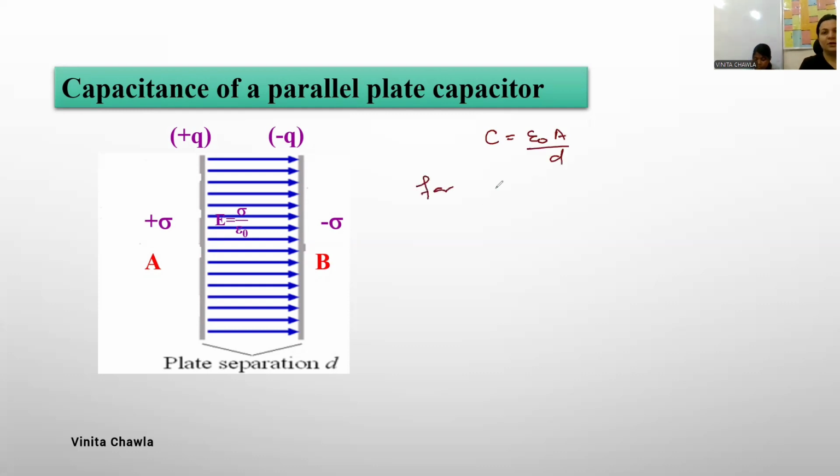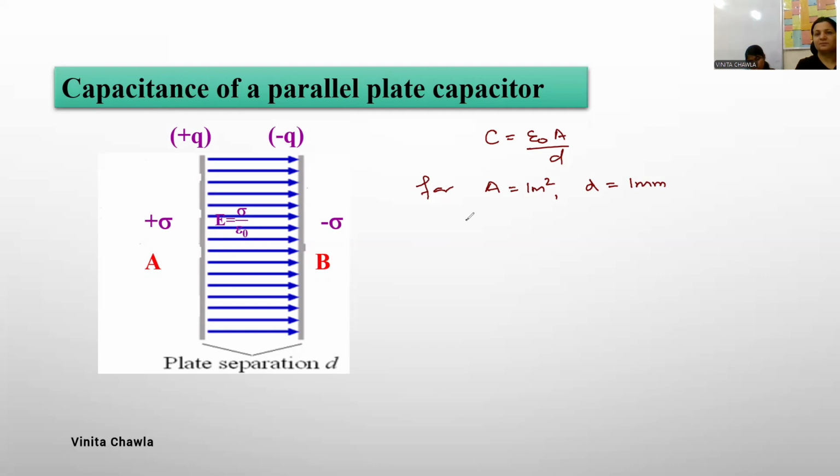Now if the area of each plate is 1 meter square and distance between the plates is 1 millimeter, can you find the capacitance of the parallel plate capacitor? How will you find it?